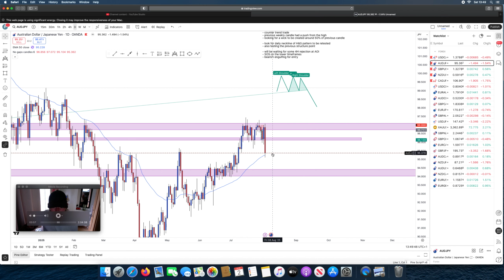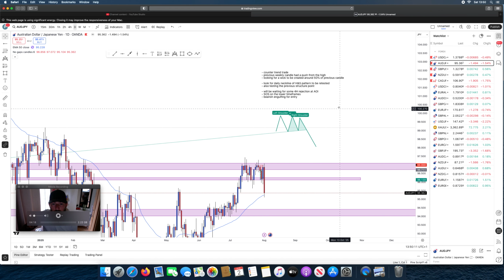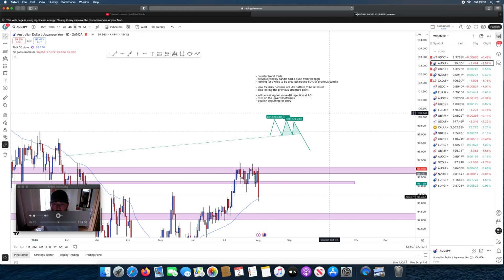So I'll be looking for daily candles to come up into this area of interest, a nice close and a shift in structure on the lower time frames once we get the daily close into this area of interest, so then look for some more to the downside. I think that's everything on AUD JPY.